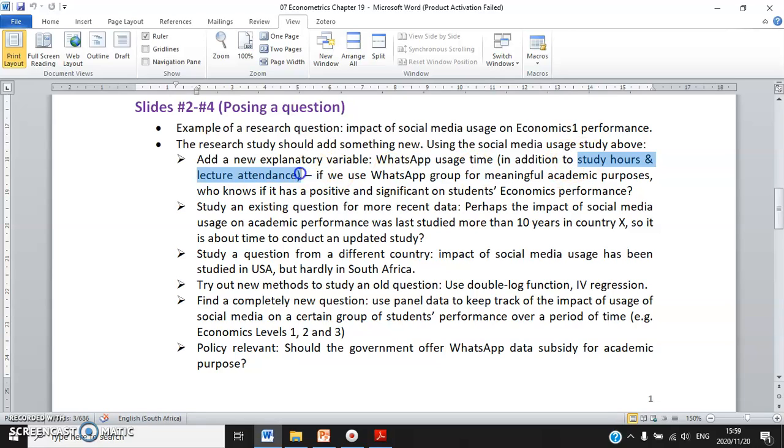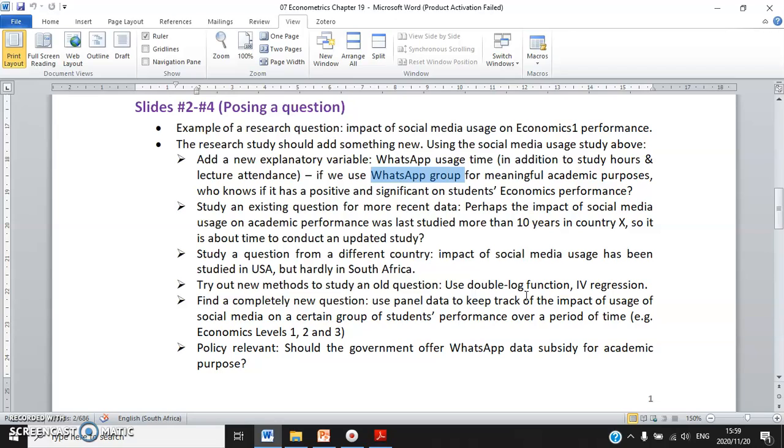We know the typical explanatory variables will be study hours and lecture attendance to explain academic performance. But now that we are in the 21st century, the 4IR, the fourth industrial revolution, shouldn't we include an explanatory variable in connection with social media usage, such as this WhatsApp usage time, okay?